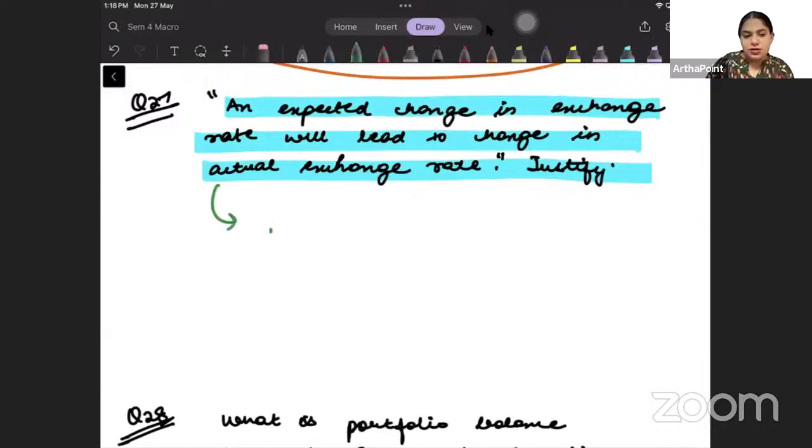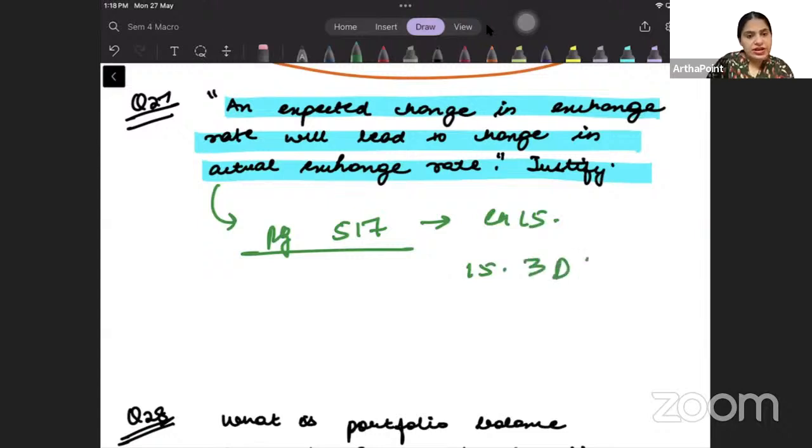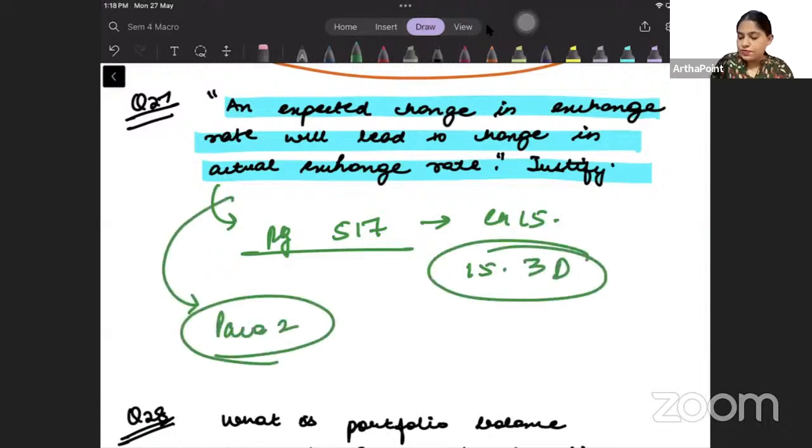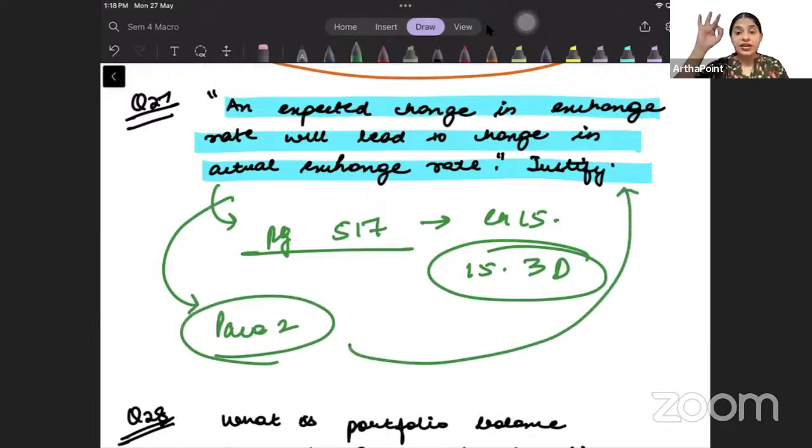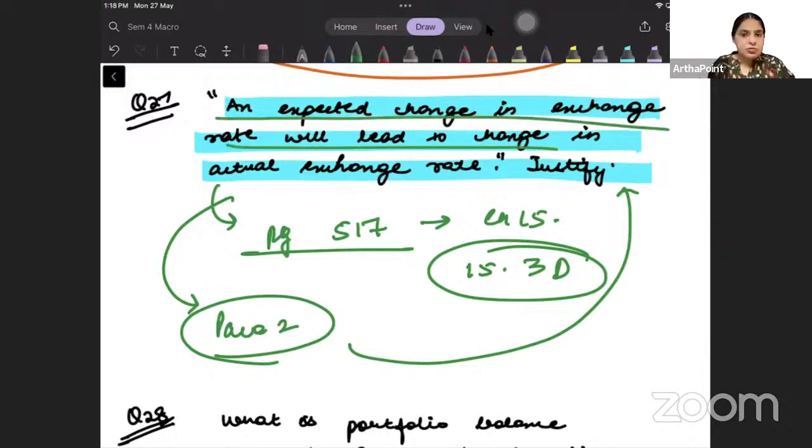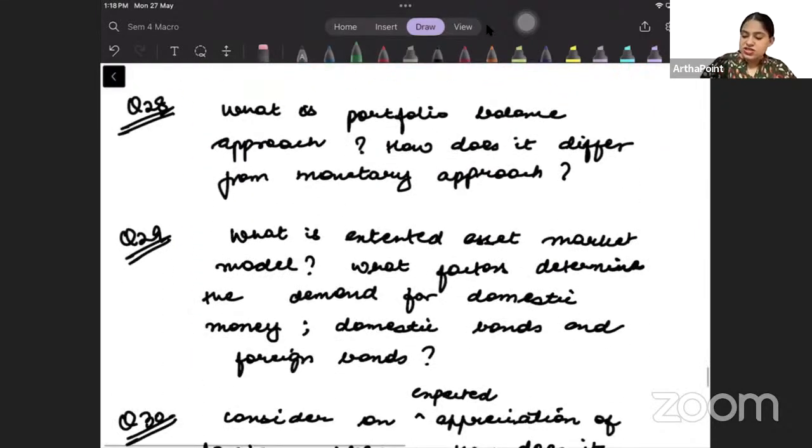So, page number 517, beta, chapter 15, section 15.3D. In this, if you go to para 2, it explains this line. And as I told you, you have to read in between the lines. MCQs are going to be very difficult this time. So try to read this properly. So from here you will get the answer to this. Okay, come to next, beta.